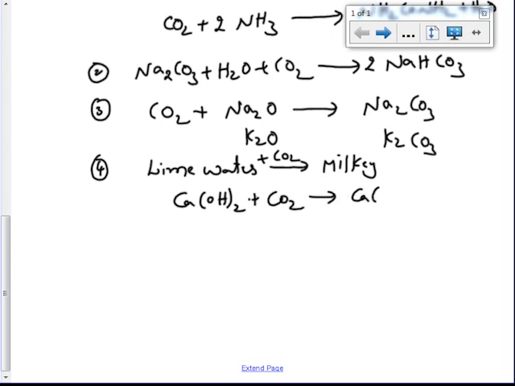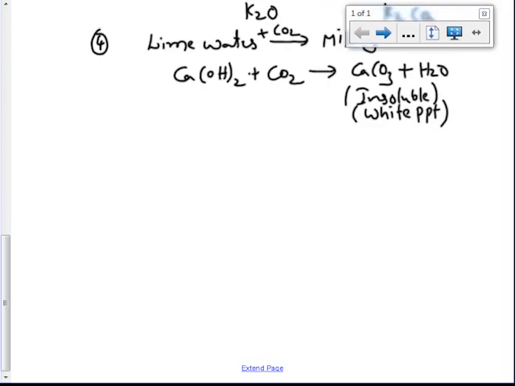Milky means calcium carbonate plus water. It is insoluble in water, so it is a white precipitate. So this is the confirmation test for carbonate in the laboratory. If carbon dioxide is liberated and passed through lime water, it turns milky.